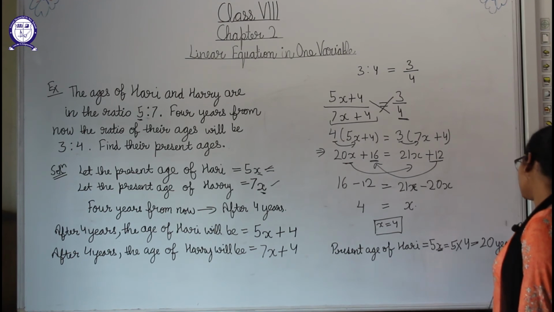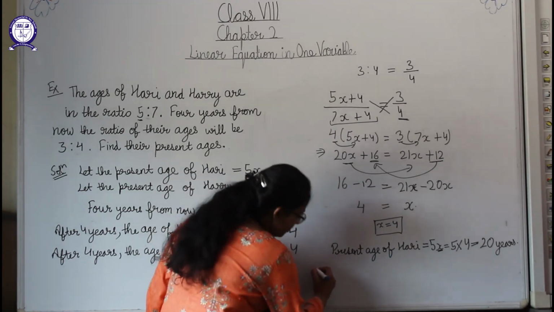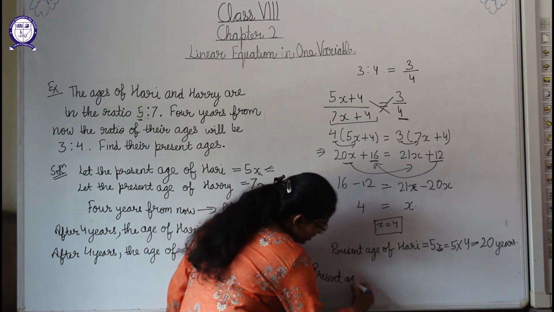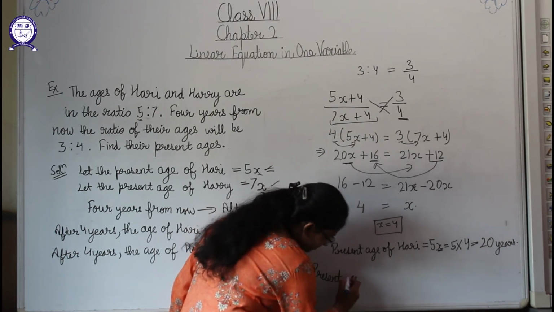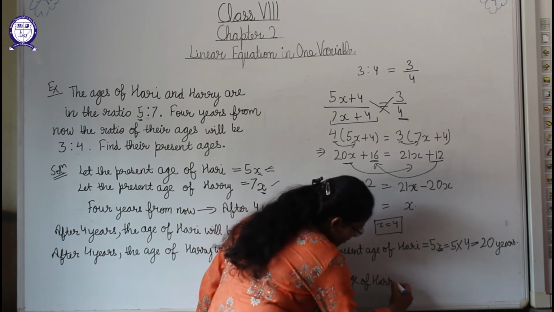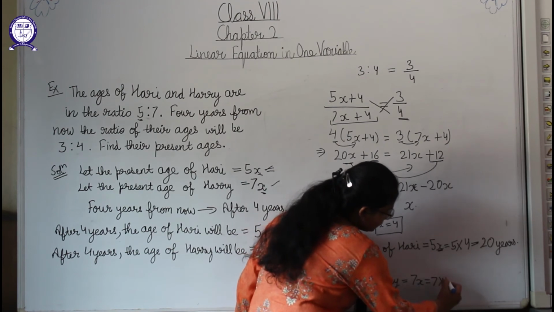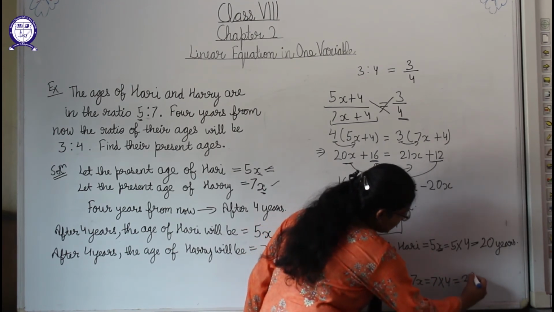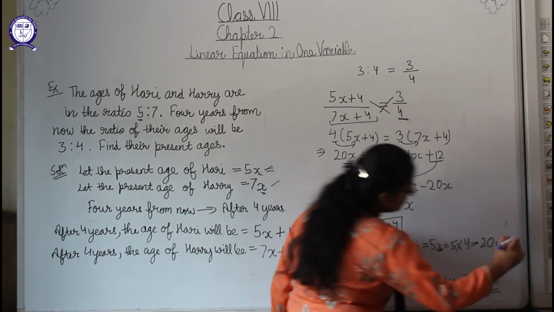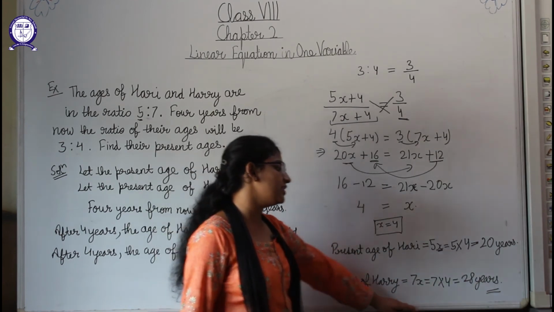So the present age of Hari is 20 years. Similarly we will find the present age of Harry. The present age of Harry is 7x, and putting the value of x, it will be 7 into 4, which means 28 years. So this will be our answer: the present age of Harry is 28 and Hari is 20.